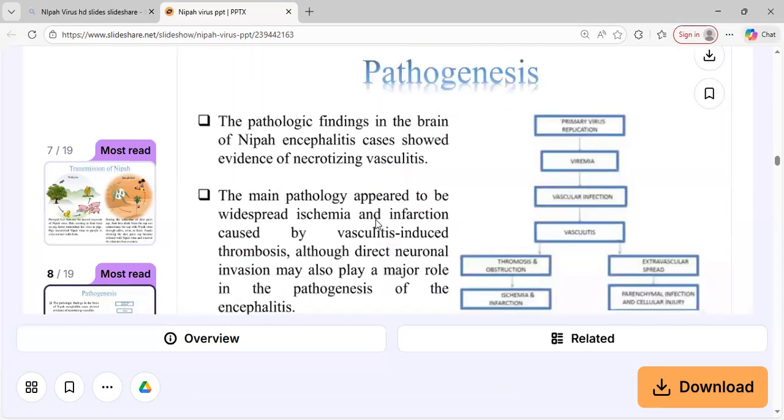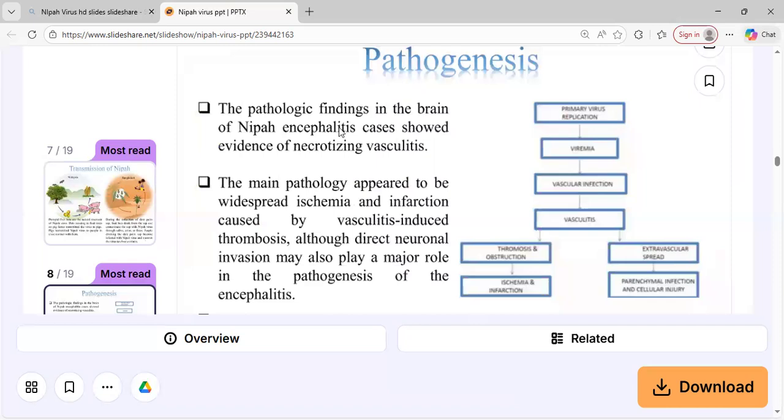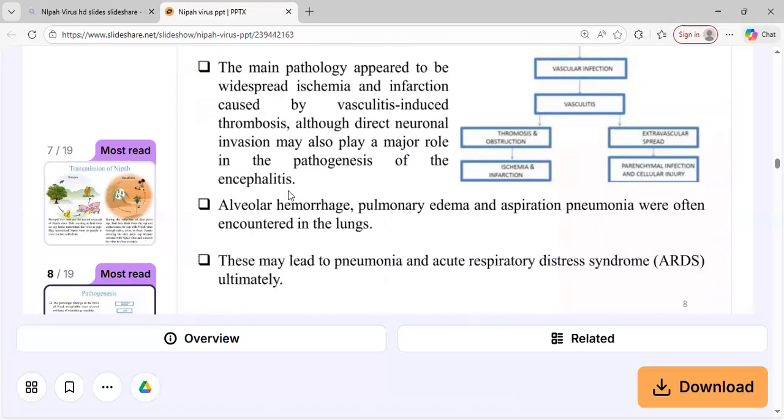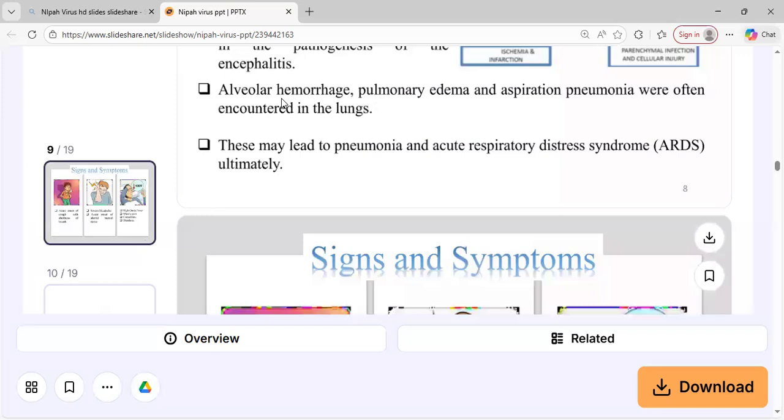Regarding the pathogenesis, the pathologic findings in the brain of Nipah encephalitis cases showed evidence of necrotizing vasculitis. It affects the brain also, causing meningitis. The main pathology appeared to be widespread ischemia and infarction caused by vasculitis-induced thrombosis. Alveolar hemorrhage can also be seen.